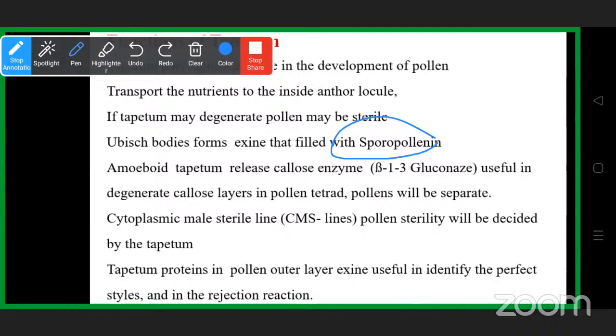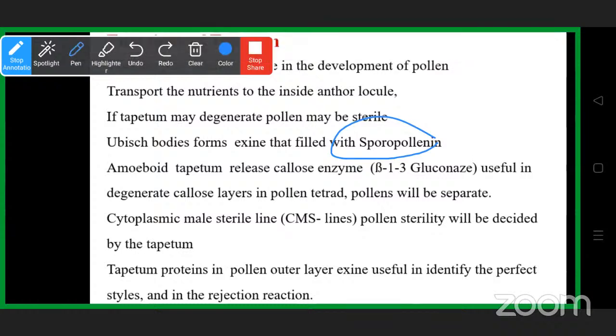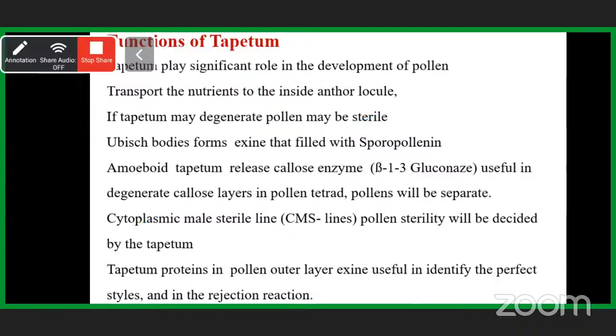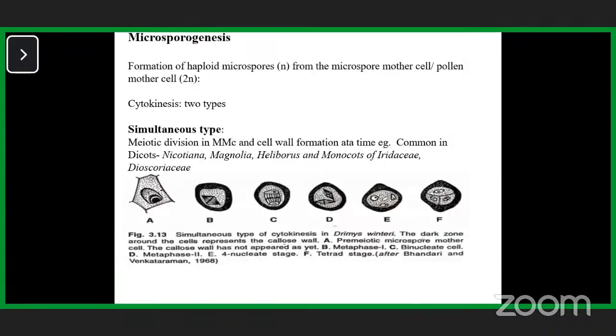Otherwise, it will supply the nutrition. And the callose plugs are there in the pollen wall that cause the cytoplasmic male sterility. You know the gametophytic male sterility and cytoplasmic male sterility. Two types are there. If sterility is caused by stigma rejection, that is gametophytic, or otherwise if there is no fusion taking place, that is by sporophytic cytoplasm revolution.